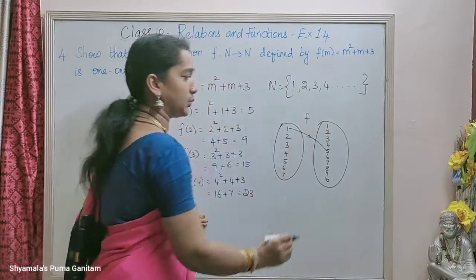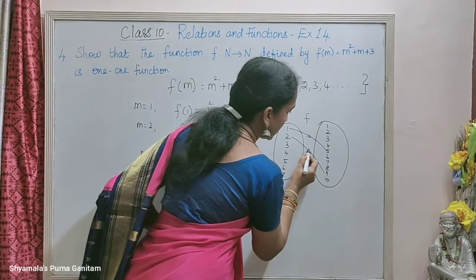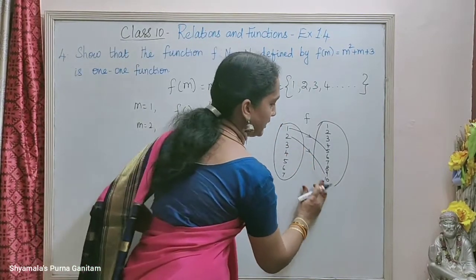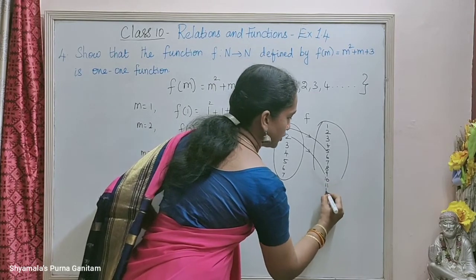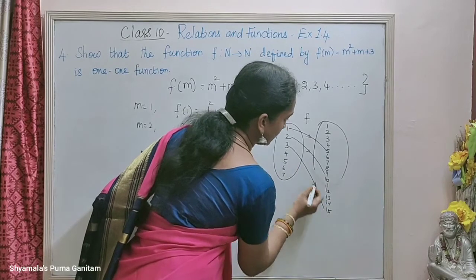Then 2 to 9. Then 3 to 15, 12, 13, 14, 15. So 3 to 15.